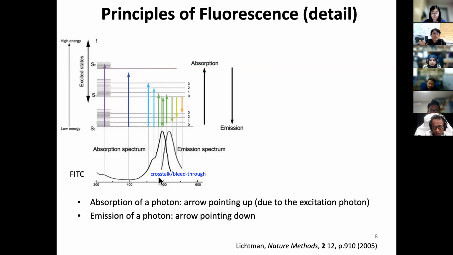So you want to take a picture of green and red together. First you take green and red, and you realize that these two images actually have overlapping regions. So it makes things complicated, and especially for quantitative analysis, it gets you into trouble, and the reviewers will ask you to prove that.